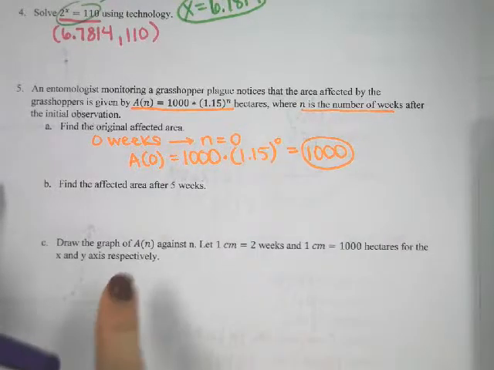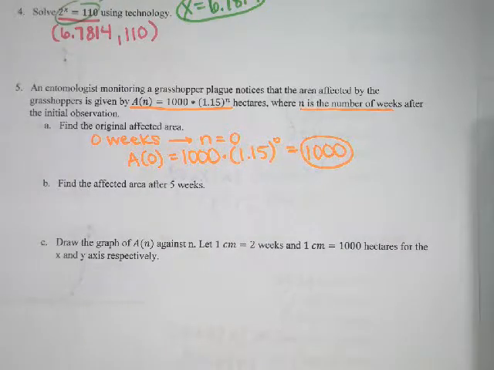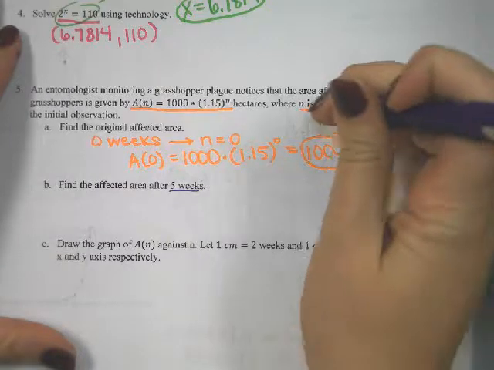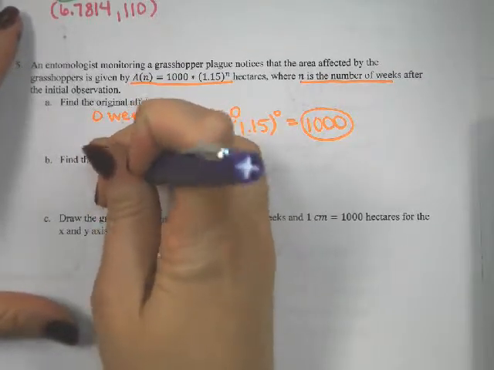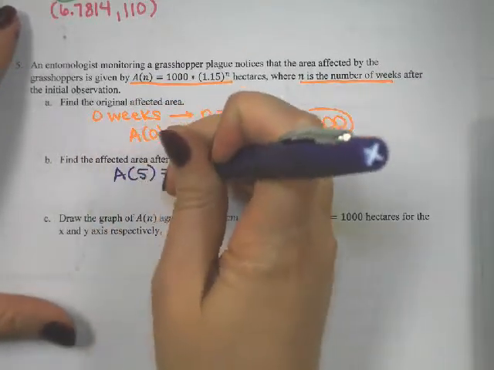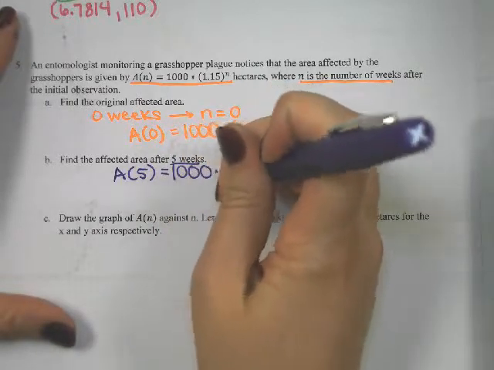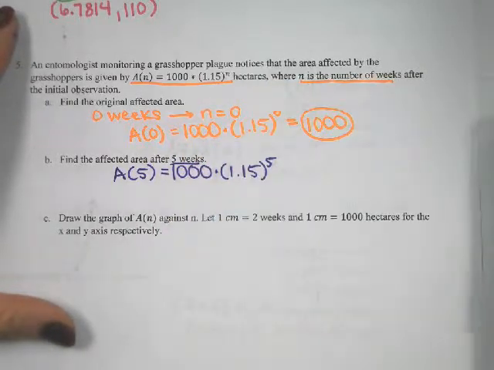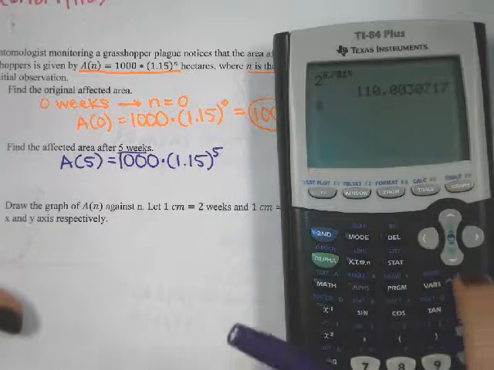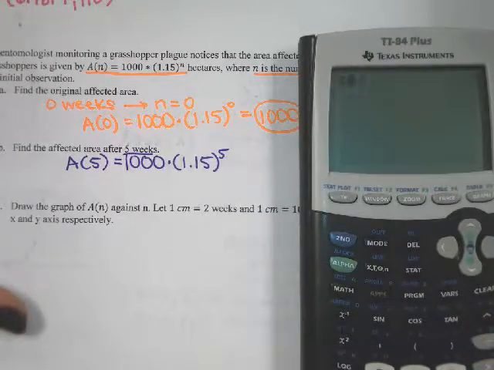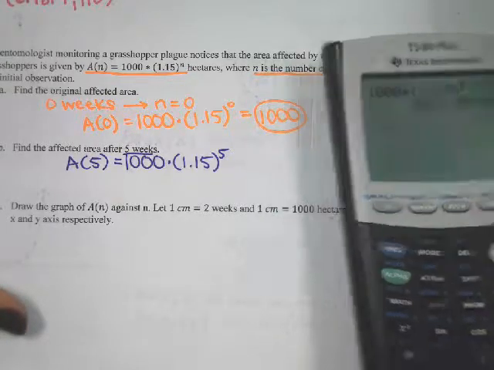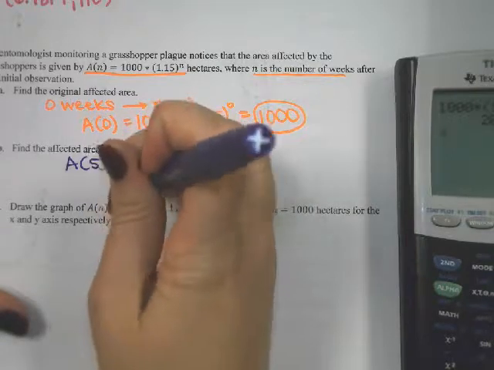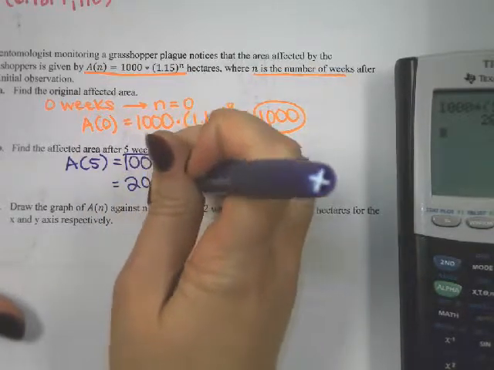n number of weeks. B says find the affected area after 5 weeks. So n's the number of weeks, so we're just going to plug in 5. We'll see if our value is increasing or decreasing. So 1,000 times 1.15 to the 5, 2011.3536.